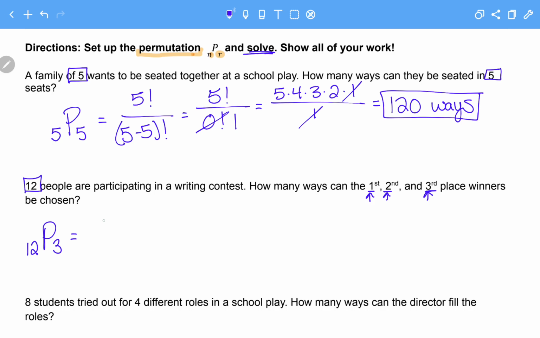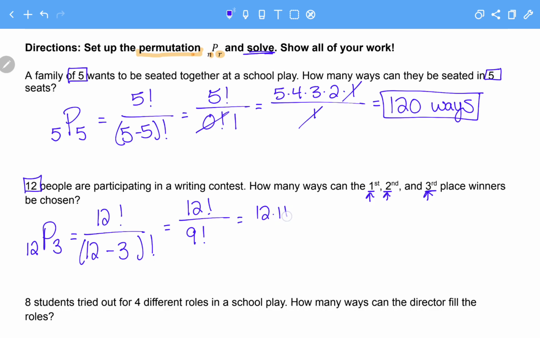Now let's put those into our formula. N factorial over n minus r factorial. Replace your values. I have a 12 and a 3. Okay, do your parentheses. 12 minus 3 is 9. And we're going to count down on the top until we reach the bottom.